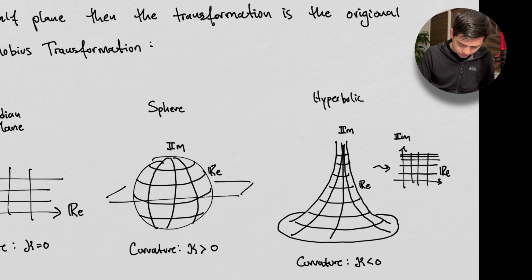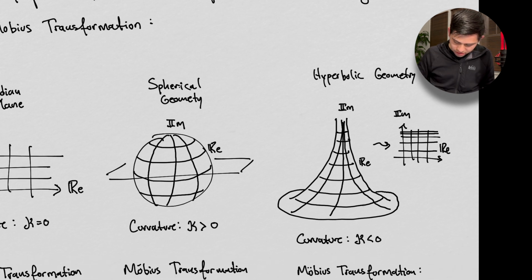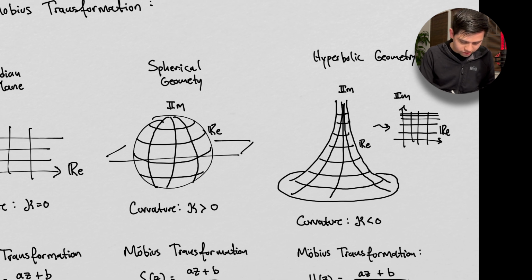I want to make this clear: spherical geometry, hyperbolic geometry. So the mapping for hyperbolic geometry was mapping to the Beltrami-Poincare half-plane.